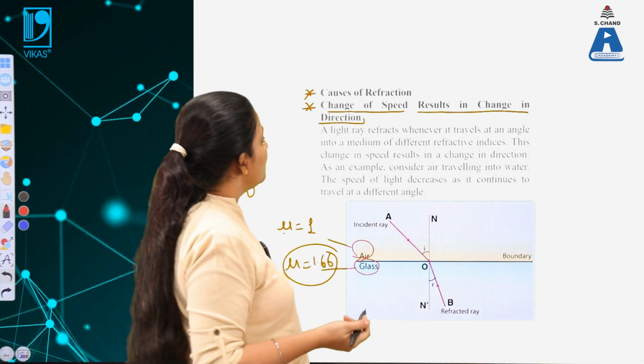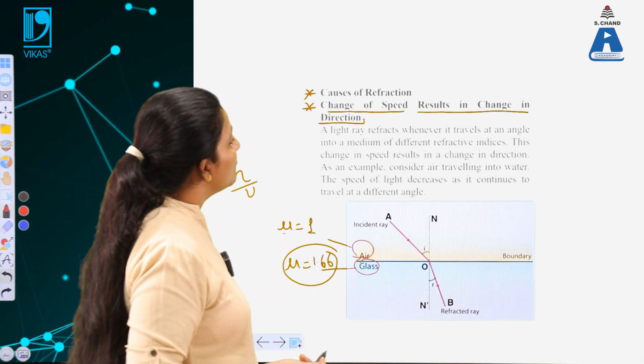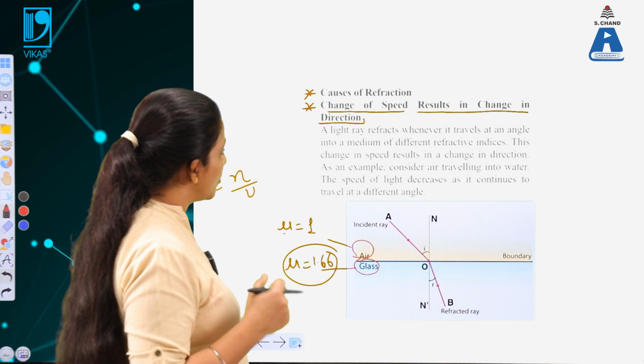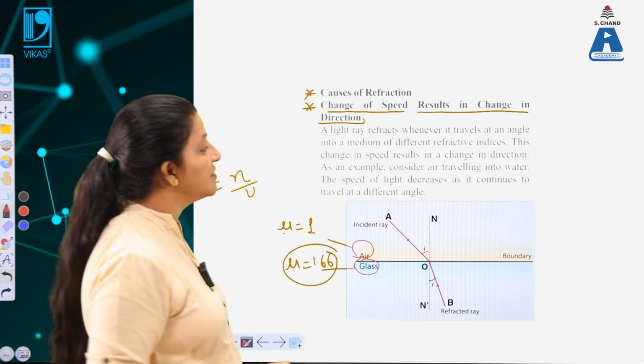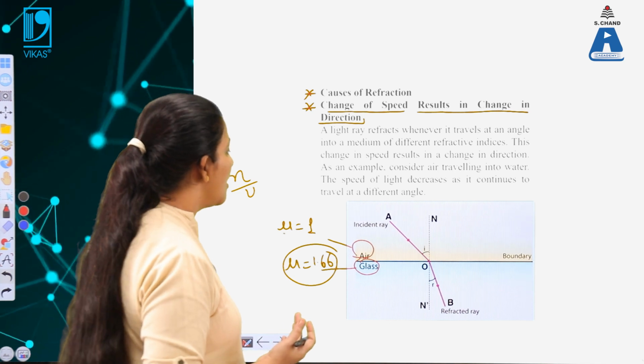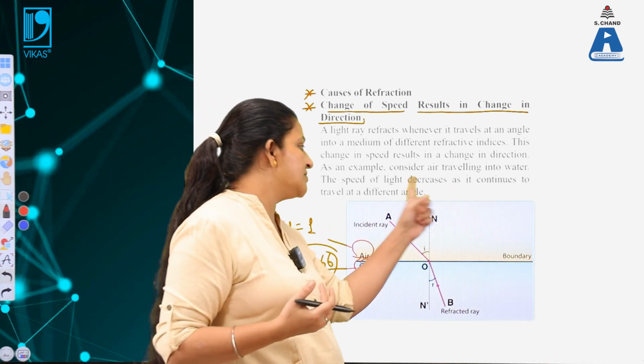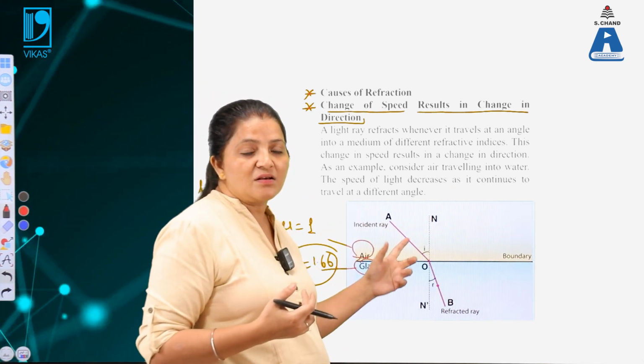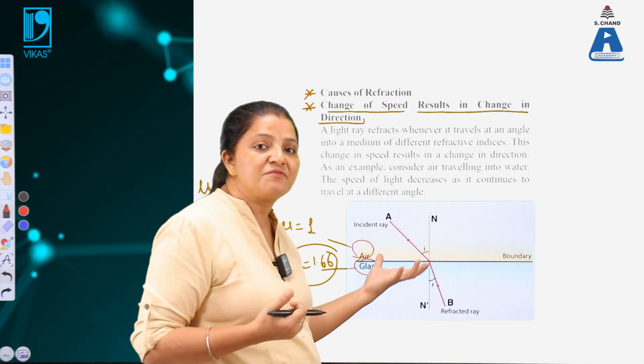So, the light ray refracts when it travels at an angle into media of different refractive indices. This change in speed results in a change in direction, because here the particles are fewer, so the light rays must have a different speed.